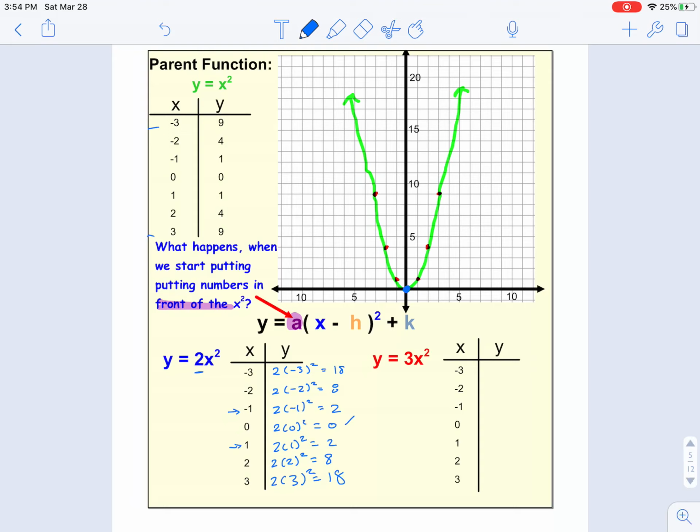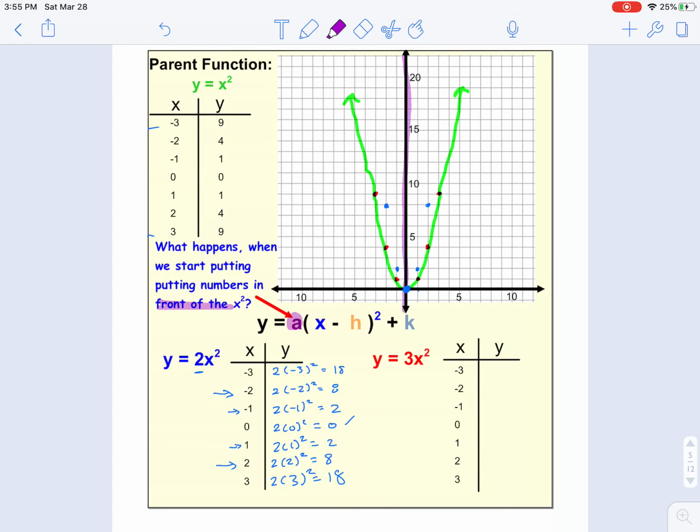But now, when I go back 1 and right 1, I'm going to go up 2 instead of 1. Over 1, up 2. Back 1, up 2. Okay, what about when I go back 2 and right 2? This time I'm going to go up 8. Over 2, up 8. Back 2, up 8.